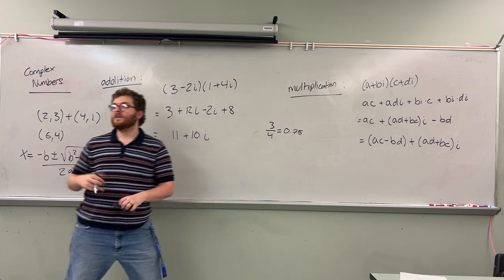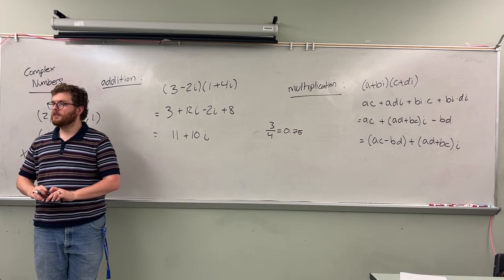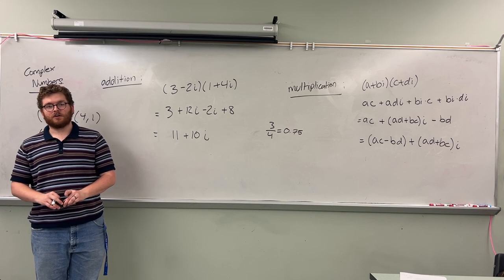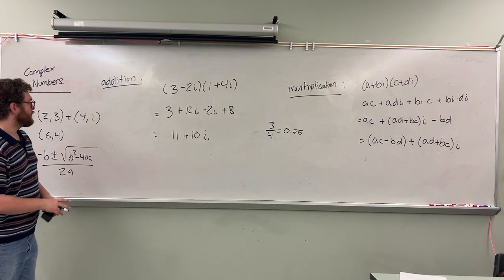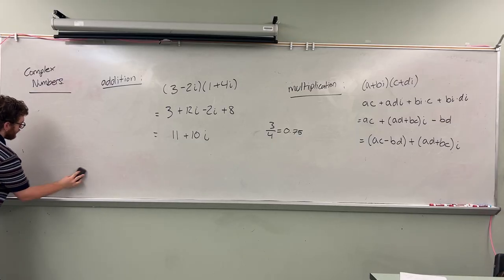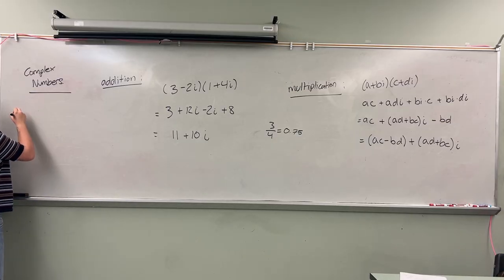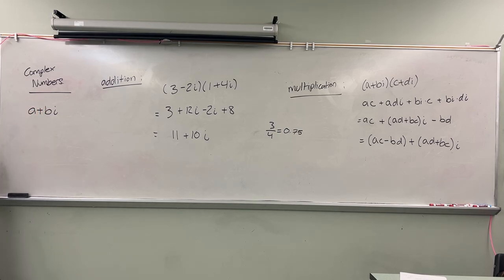So we're going to do something very similar to rationalization, where we take the square root of the denominator, or we're going to multiply by complex conjugates instead. A regular complex number is a plus bi. The conjugate of that is we always make the imaginary part negative.